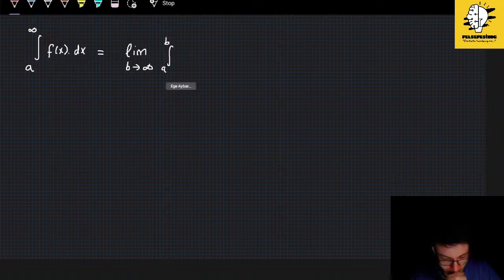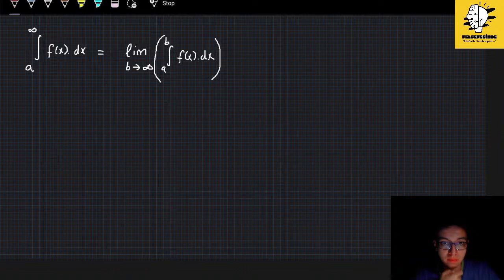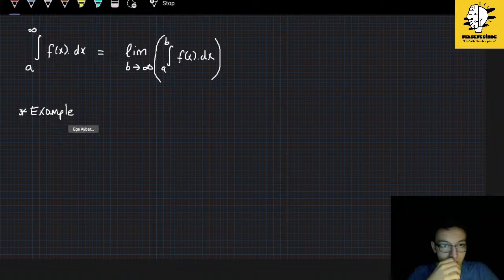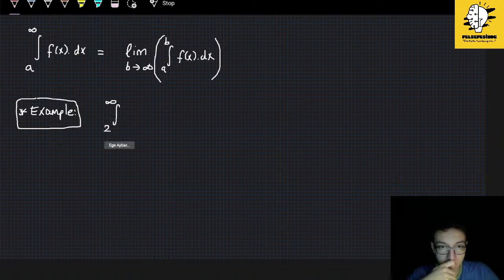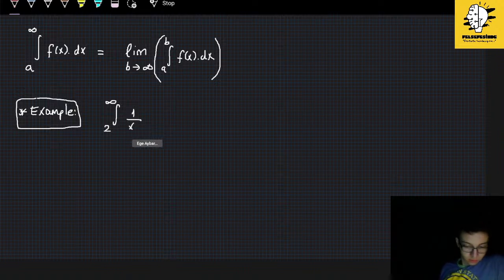It's e to a, and it is f(x) dx, in this range. We can actually write it like this, guys. It's going to make our lives easier. Okay, let's write one again, and you will see what I mean. Okay, so we have a function, and this function is from 2 to infinity, and it is 1 over x to the power 4 times dx.